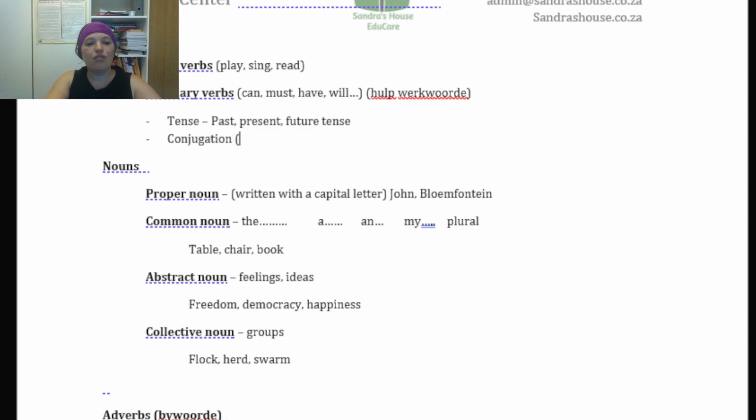In Afrikaans is dit verbuiging, dit verander. En so jy hoef nie daai woord te onthou nie. Sê nou net dit verander. En dit is so as jy sê he plays, I play. Dan is daai een wat verander, wat conjugate, dit is 'n werkwoord.